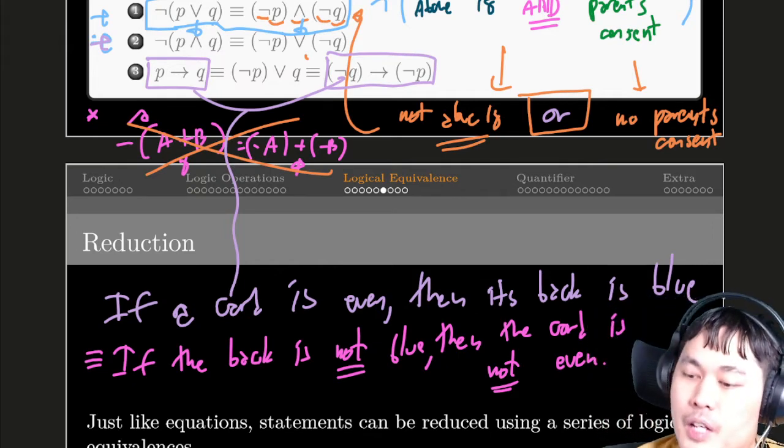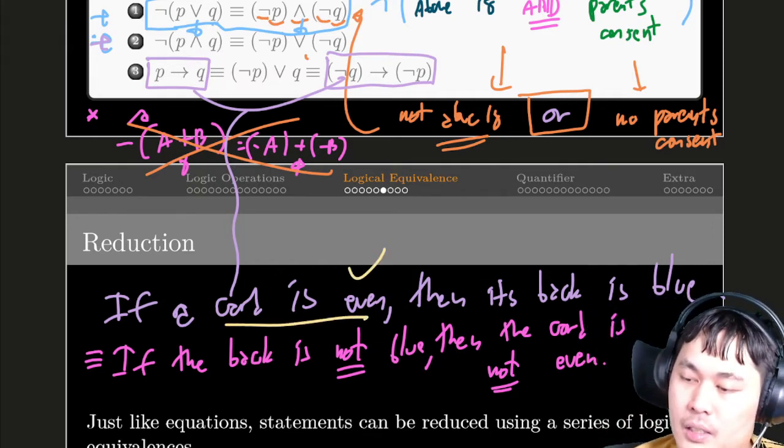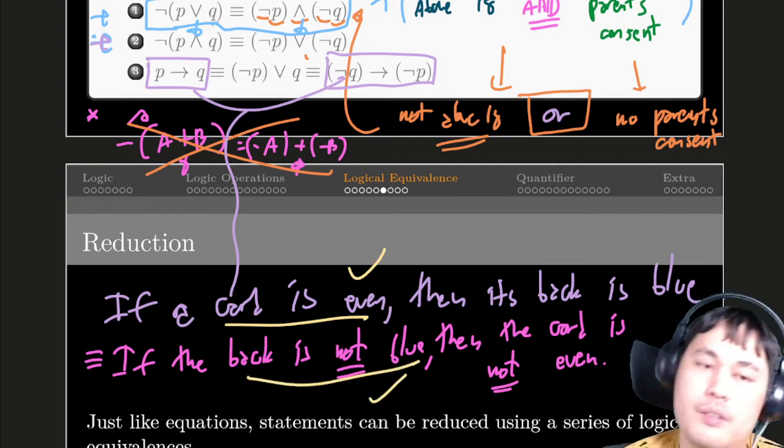Once we know that fact, then we know that we have to check even cards and check cards that are not blue.